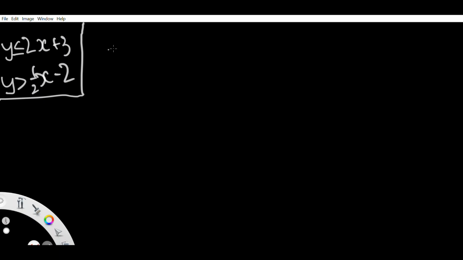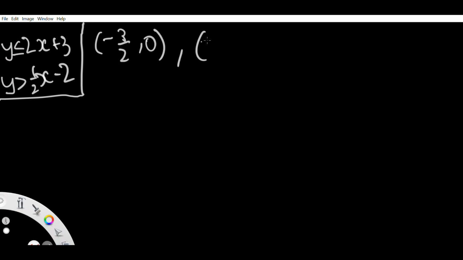So y is less than or equal to 2x plus 3, we can treat it as a normal function to get two values. The x-intercept for this one would be 2x is equal to negative 3, so I think it would be negative 3/2, 0.